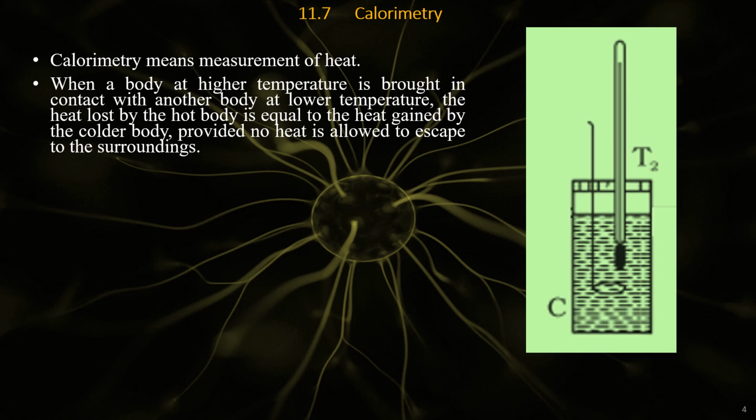When a body at higher temperature is brought in contact with another body at lower temperature, the heat lost by the hot body is equal to the heat gained by the colder body, provided no heat is allowed to escape to the surroundings.